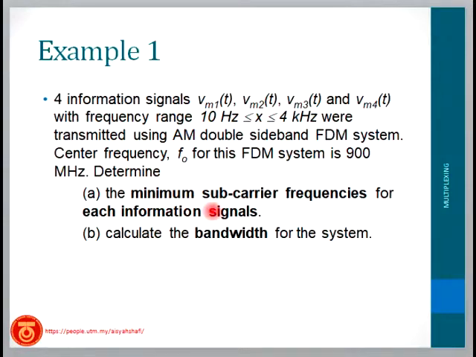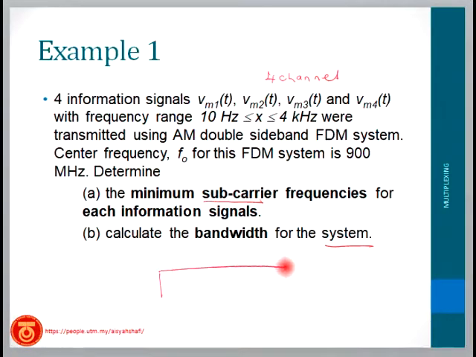Determine the minimum subcarrier frequency for each information signal, and calculate the bandwidth for the system. This system is FDM and the subcarriers depend on the signals; there are four signals, so there will be 4 subcarriers or 4 channels.